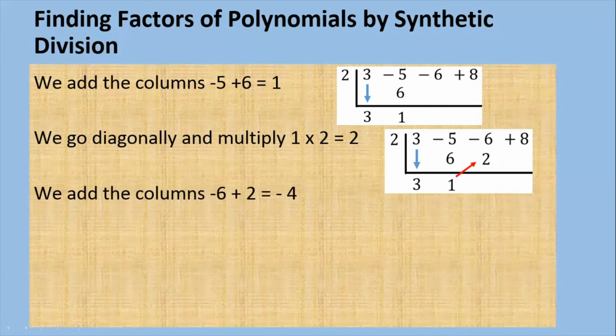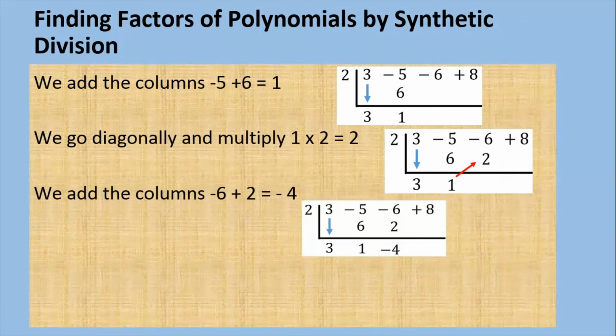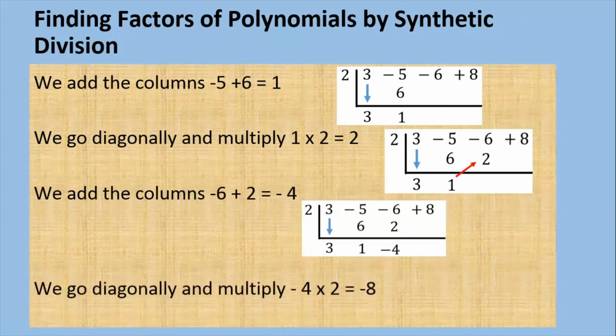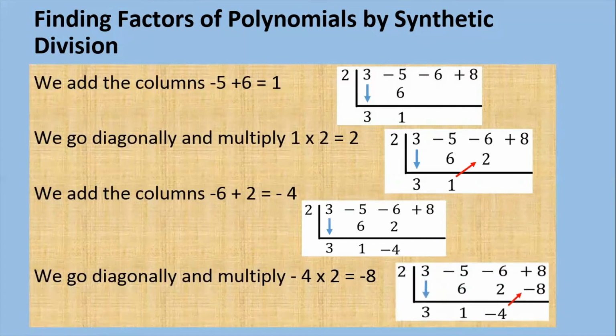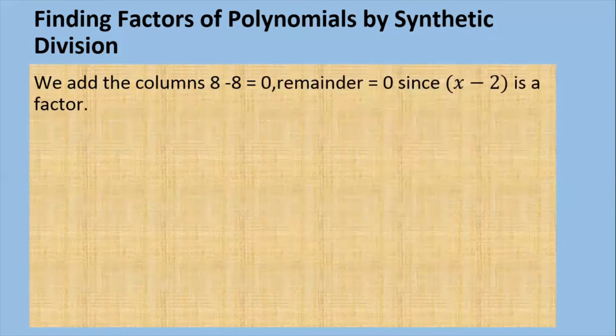And then what do we need to do? Well, you will multiply minus 4 times 2, which will be minus 8. Where are you going to place it? You place it diagonally. So you place it here. And then what do we need to do? You will need to add the column. So that will be 8 minus 8, which is 0.